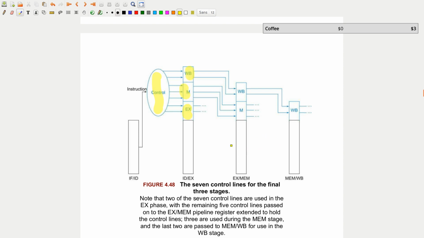But once we get to the execute and memory stages, we've already passed execute, so we don't need to forward any logic from execute anymore. So we really just need the logic for the write back stage and the memory stage. Now, once we're here, we're already in the memory access stage. So the only thing we need to forward past this point is the write back information. So we have this kind of waterfall cascading amount of data lines that we need to forward.